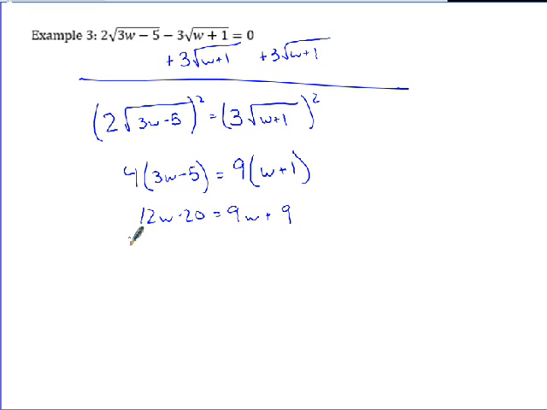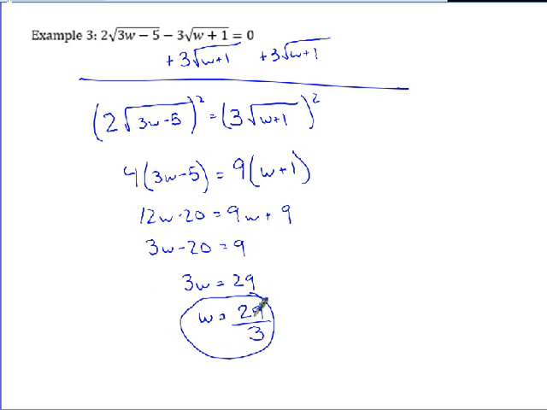Move my w's to the same side by subtracting 9w, so I would get 3w minus 20 equals 9, and then I'm going to add 20 to both sides. 3w equals 29. So w is going to be equal to 29 over 3. Alright, and then remember you have to check for extraneous solutions by plugging that in. So I want you to do that now on your own.